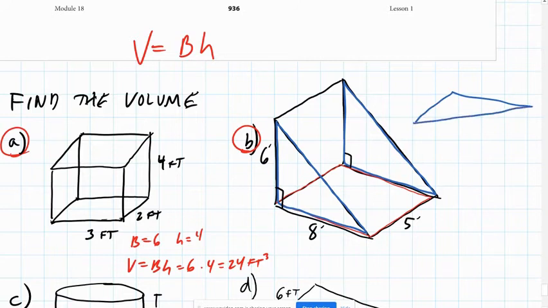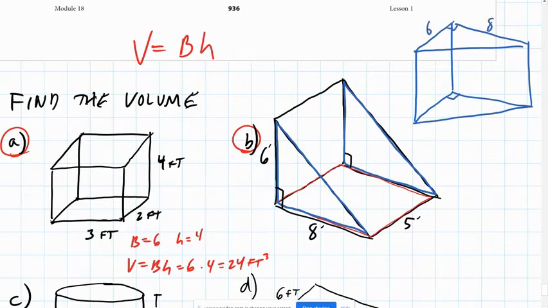So we would sit it on that triangular face, so it would look like this if I set it on one of the triangular bases. There's our right angle, and then we have 6 and 8 and 5.